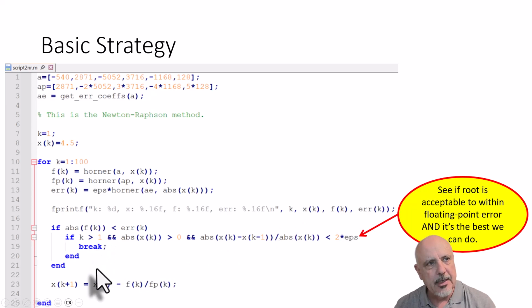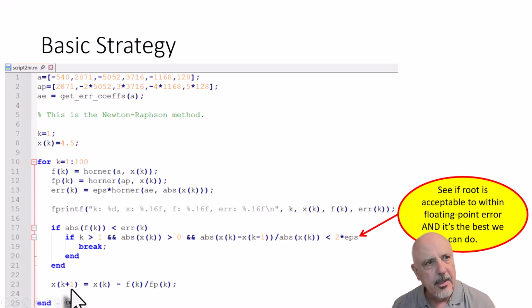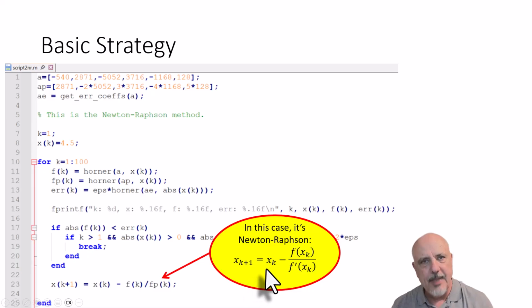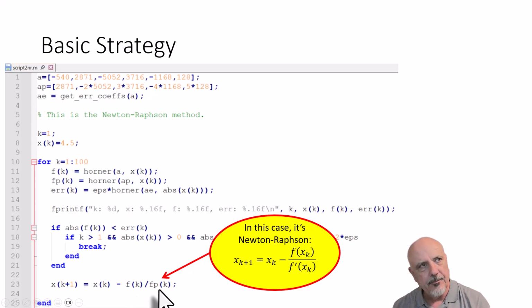All right, so let's say that we're still going. So what we're going to do is use, right here, Newton Raphson. It's very straightforward. I take the current x value, I subtract off the current polynomial value divided by the current polynomial derivative.